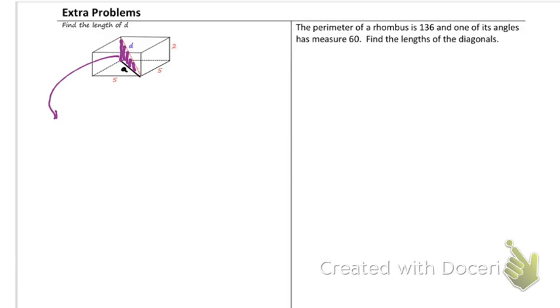So we're going to bring that down here. And that triangle right there is going to look something like this. It's going to be a right triangle where the base is A, my hypotenuse is D, but the height of it is that 2.